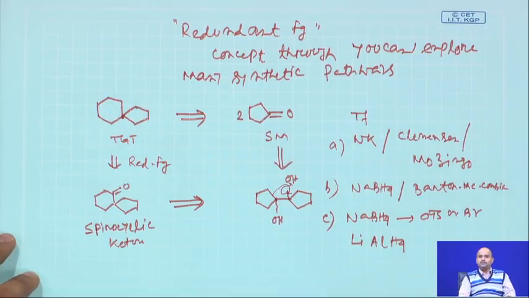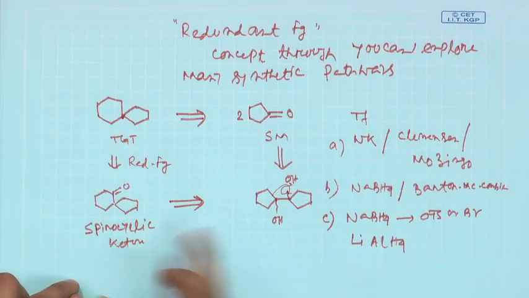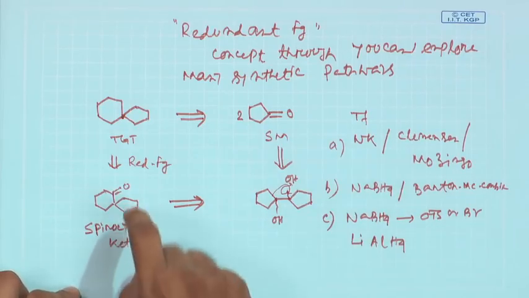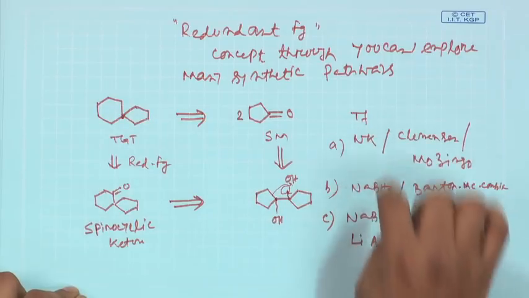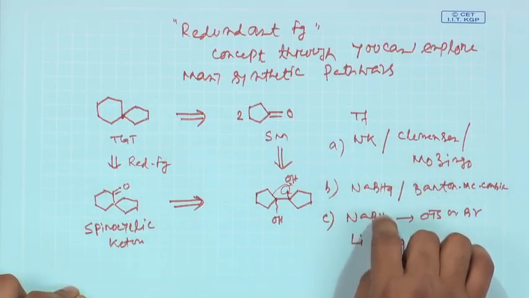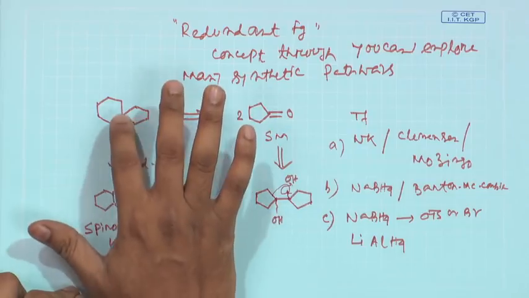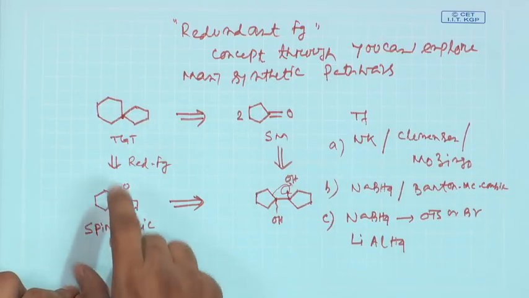So, in reality, no matter which reagents you use, eventually you have much more flexibility to adopt redundant functional group based strategies. You see that for this transformation you have numerous ways, and depending on the resources available in your lab, you can choose any one of the reagent systems.